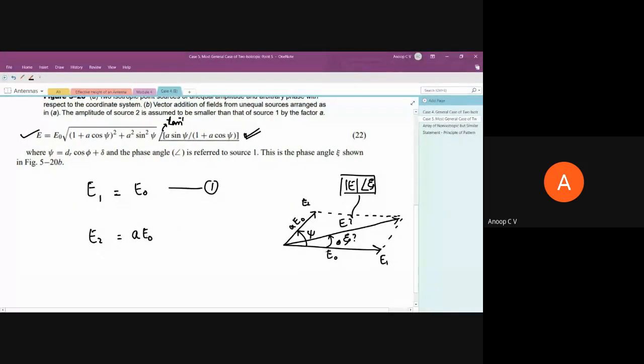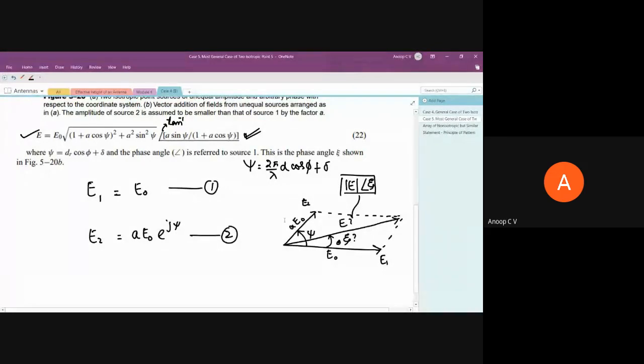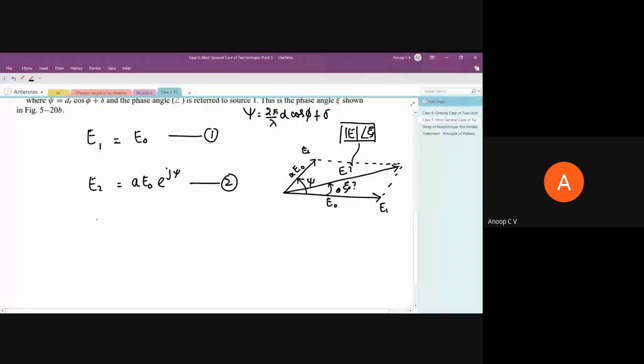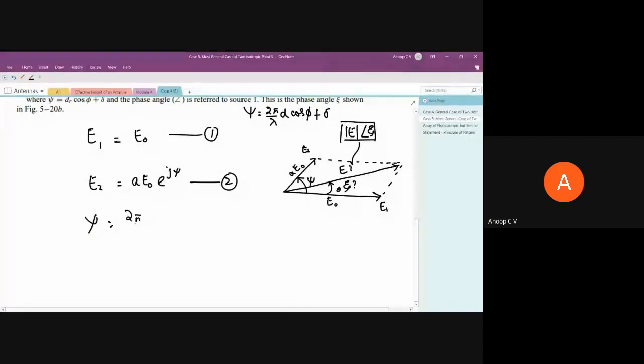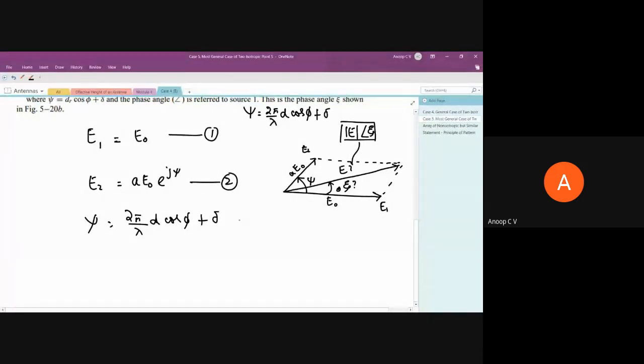E2 is A E0 e power j psi, where psi is 2 pi by lambda times d cos phi plus delta. So this is equation number 3.